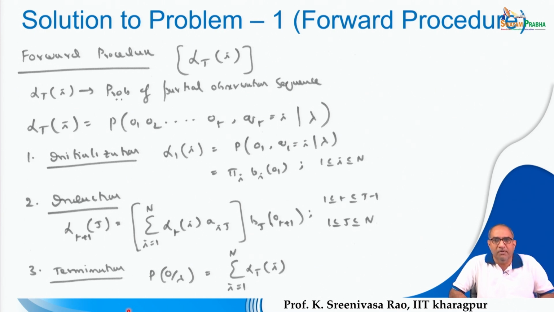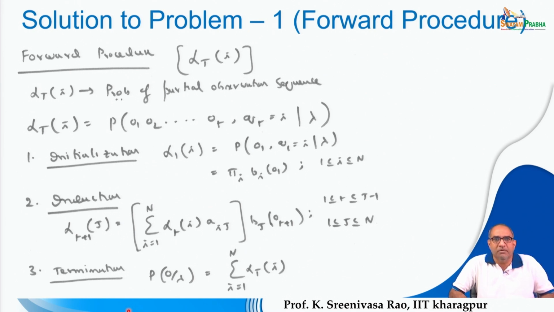That is, we need to find the hidden state sequence from the given observation sequence. And the third is to estimate the parameters that maximize P of O given lambda.